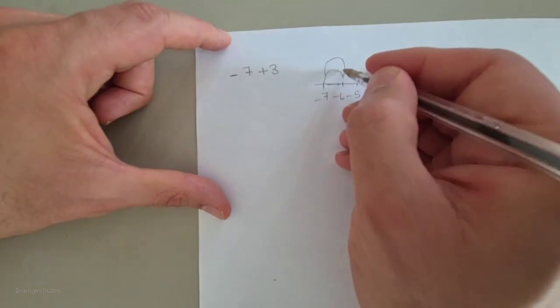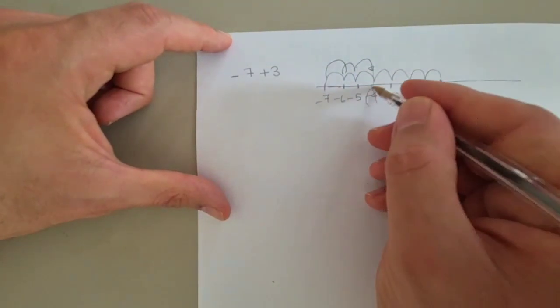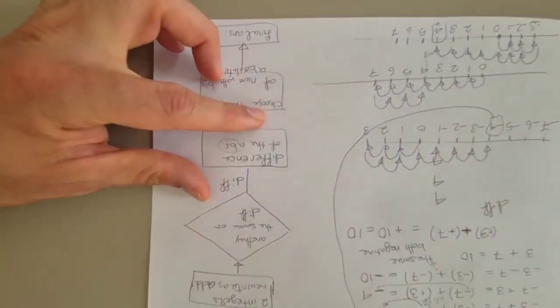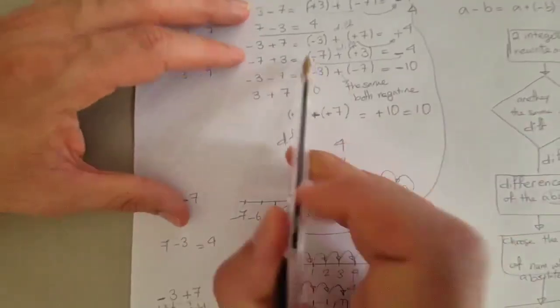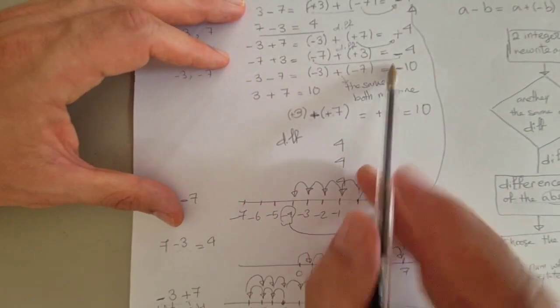So 1, 2, 3. So I got the answer of minus 4, which we already know from the previous answers. So minus 7 plus 3 would be minus 4.